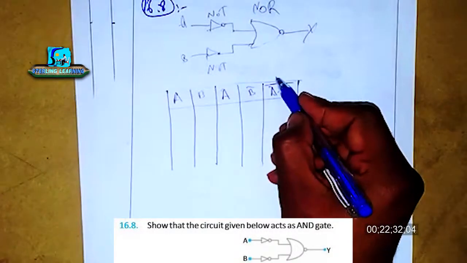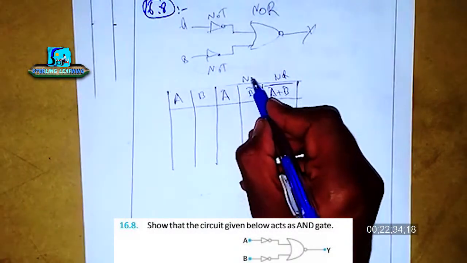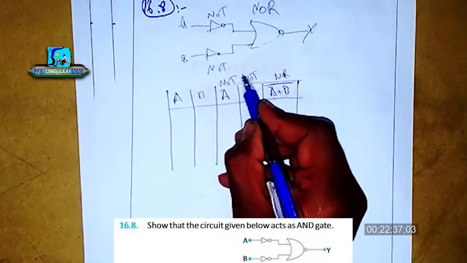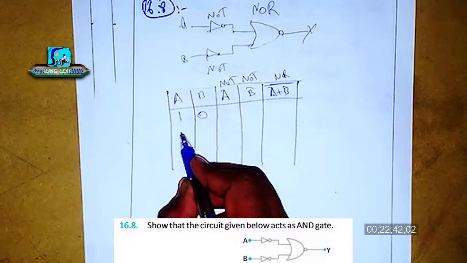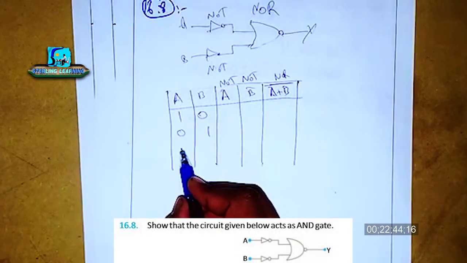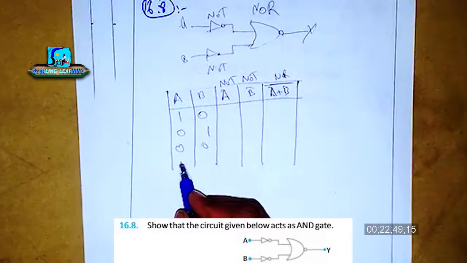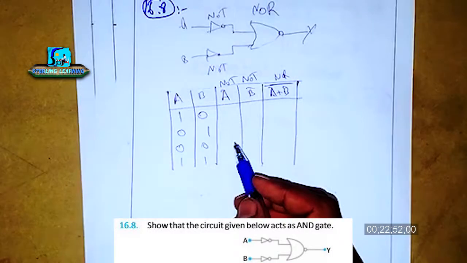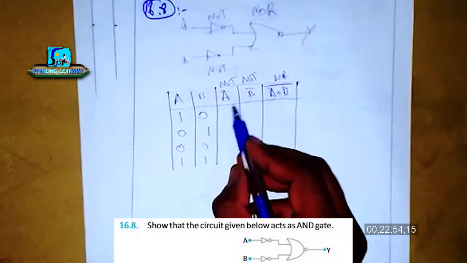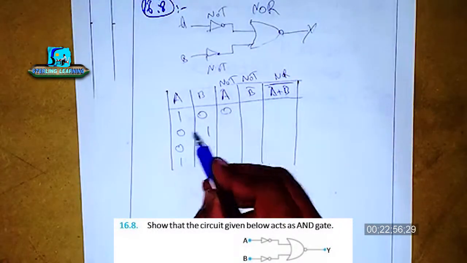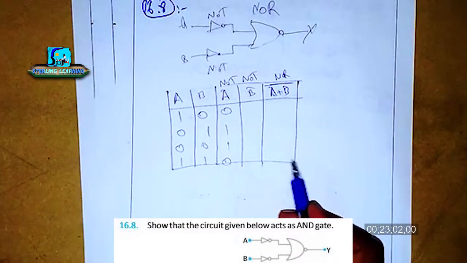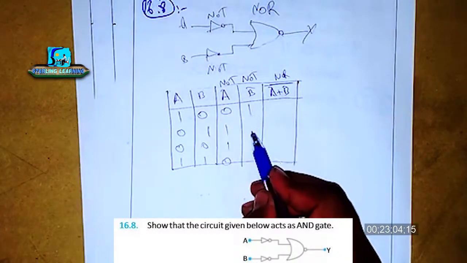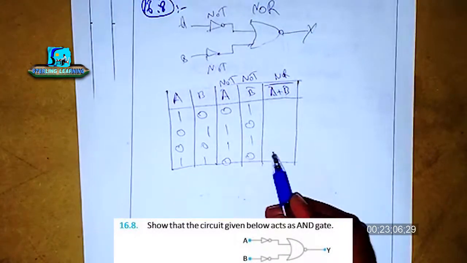This is a NOR gate. NOT gate, simple values: 1 0 0 1 and 0 0 1 1. So A is 1 0 1 0, A not is 0 1 0 1, and B is 1 1 0 0, B not is 0 0 1 1.